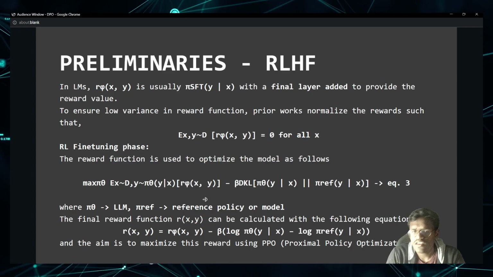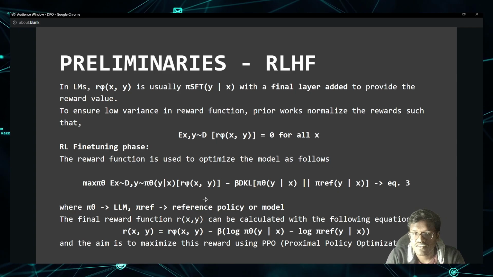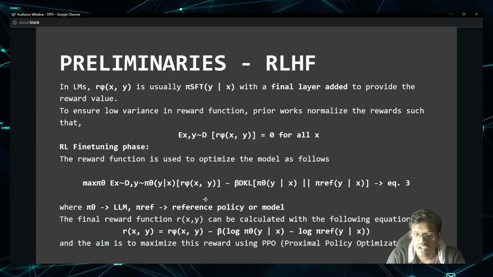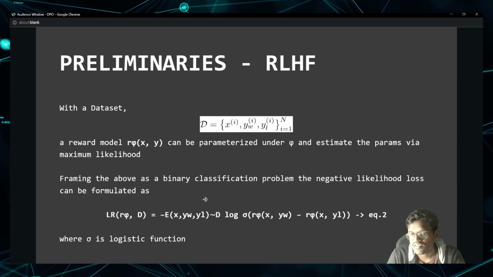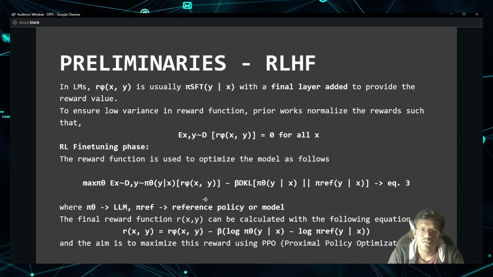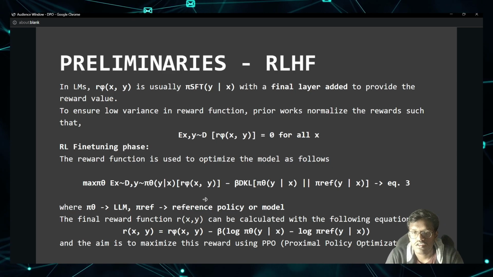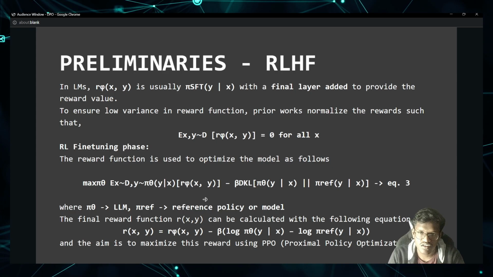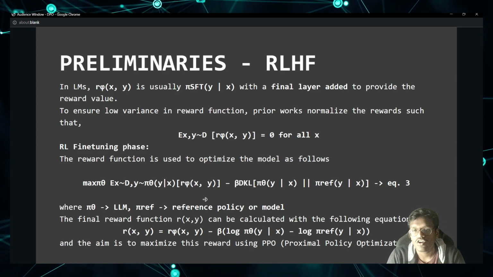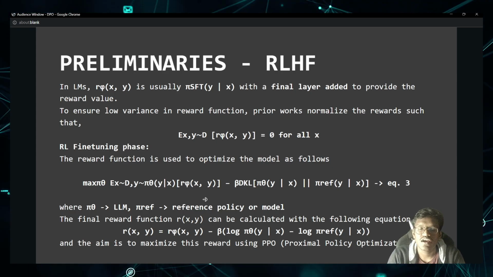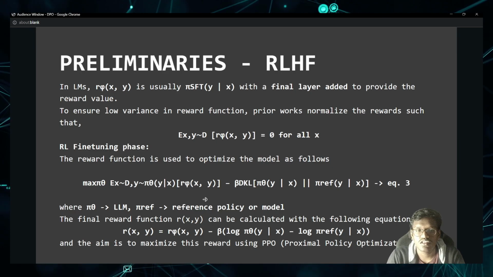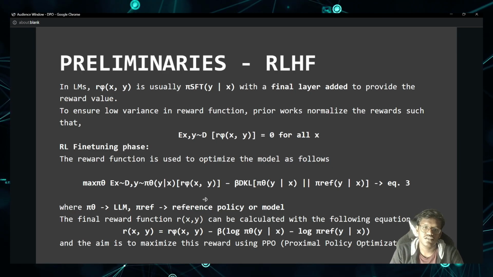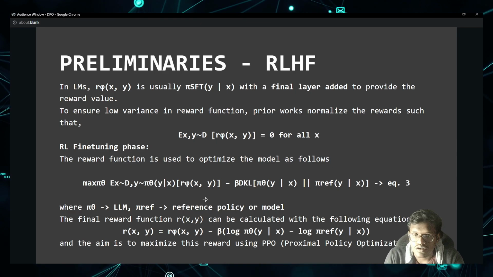Now in LLMs, usually this r phi of x comma y, your reward model parameterized under phi, will be your SFT model. The SFT model usually generates a sequence of tokens, so in order to generate a value, we'll add a final layer at the end of the LLM, by which we'll get the reward.